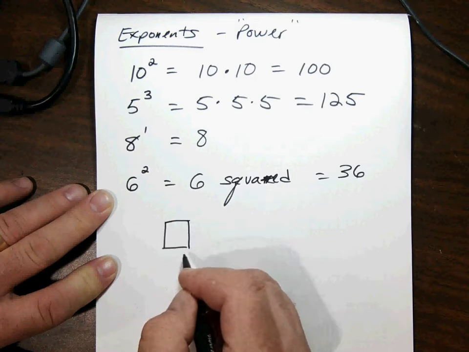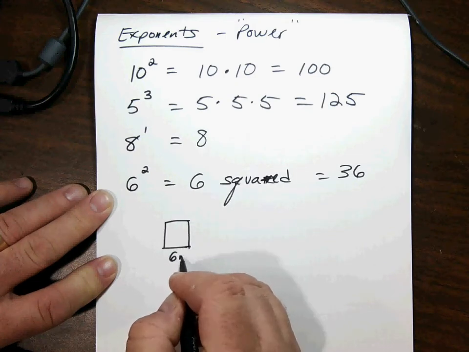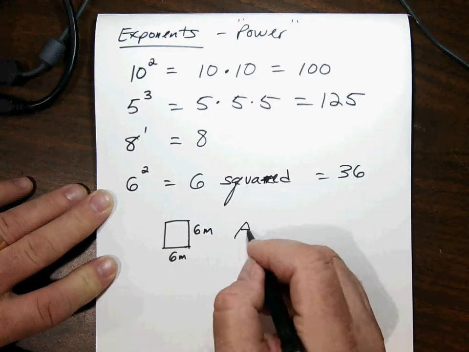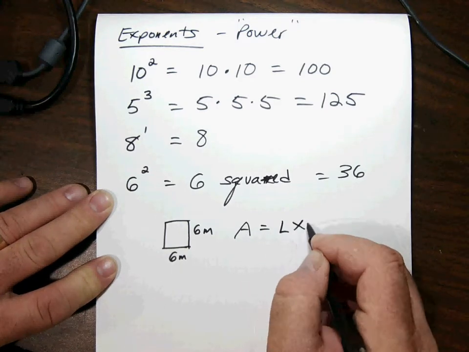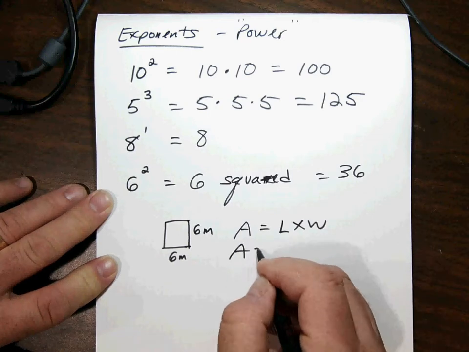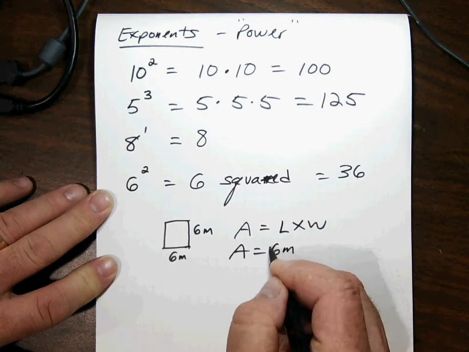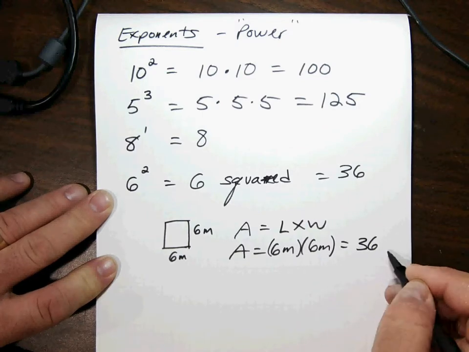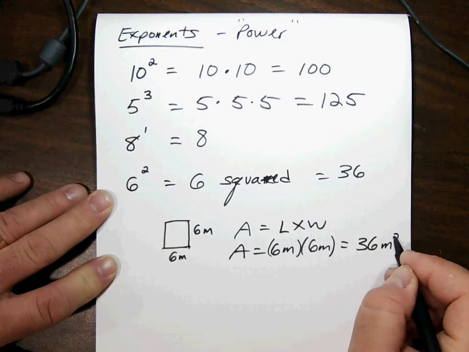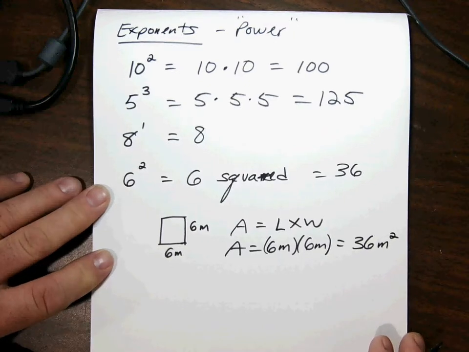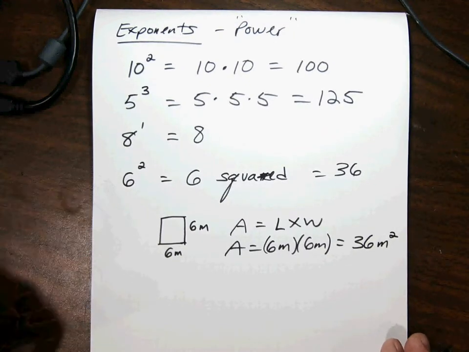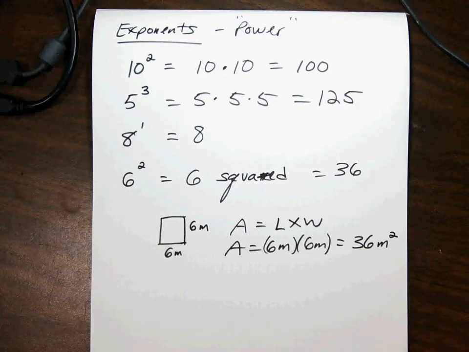That's out of geometry. If we have a square and it's 6 meters on each side, and I want to find the area of that, it's length times width, but the length and the width are the same for a square, so it's 6 meters times 6 meters, which gives me 36 what we call meters squared, or square meters. So that term squared is kind of out of geometry when we're talking about taking a length times another length.